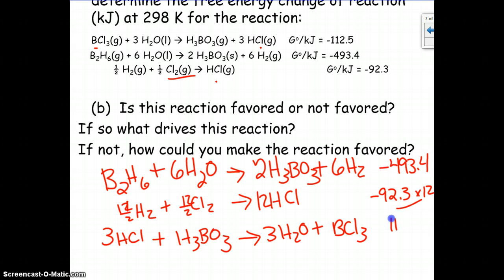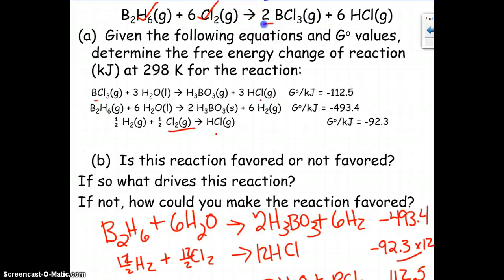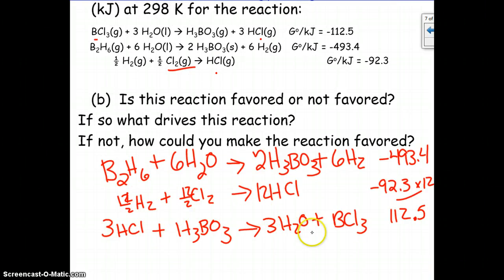Because I reversed my equation, I'm going to write a positive value instead of a negative value. I'm going to reverse the sign. Now if you look up here, I should have 2 BCl3s, and I think I'm only given 1 from the equation, so I need to multiply the whole equation by 2. So we got 6, we got 2, we got 6, and then we got 2. And then, of course, this value also has to be multiplied by 2.